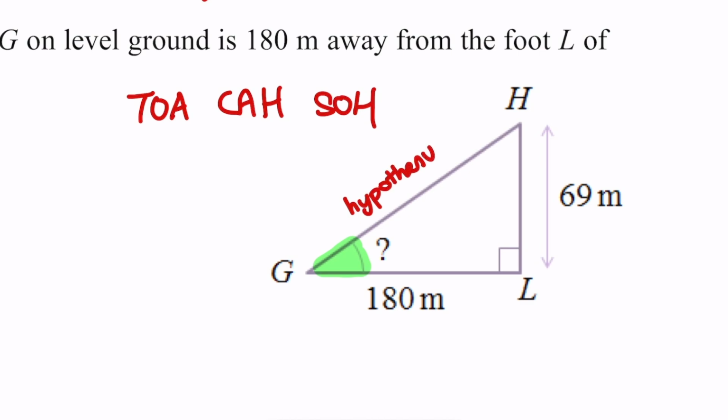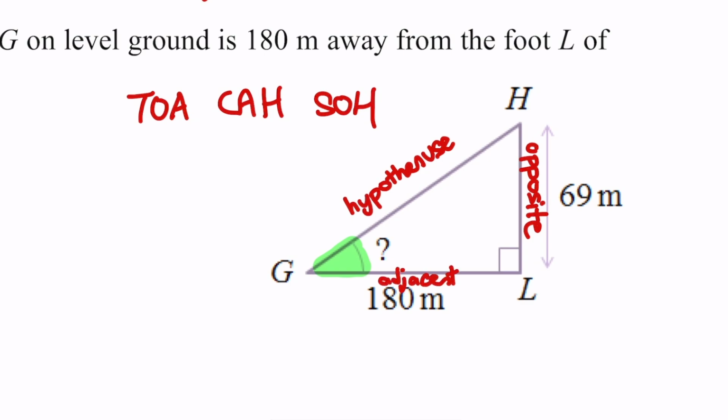Now, based on this angle over here, this tells me that this length here, HL, is the opposite side. I label this part as opposite of the angle. Therefore, the last side here, this length, 180 meters, is the adjacent length. I write this as adjacent.